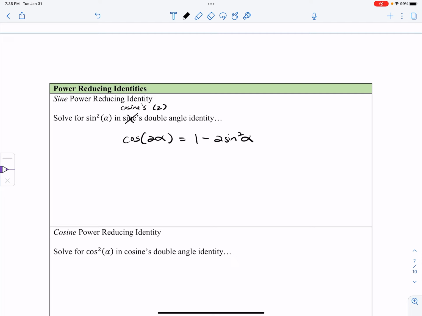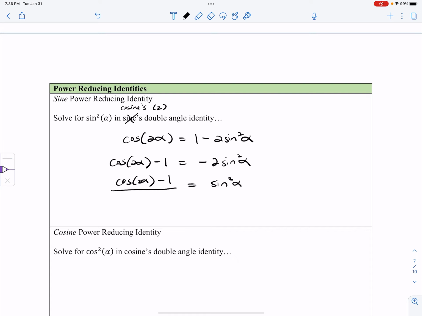So if we subtract by 1, we'll have cosine 2 alpha minus 1 equals negative 2 sine squared alpha, and then dividing by negative 2, on the left-hand side here, cosine 2 alpha minus 1 divided by negative 2.